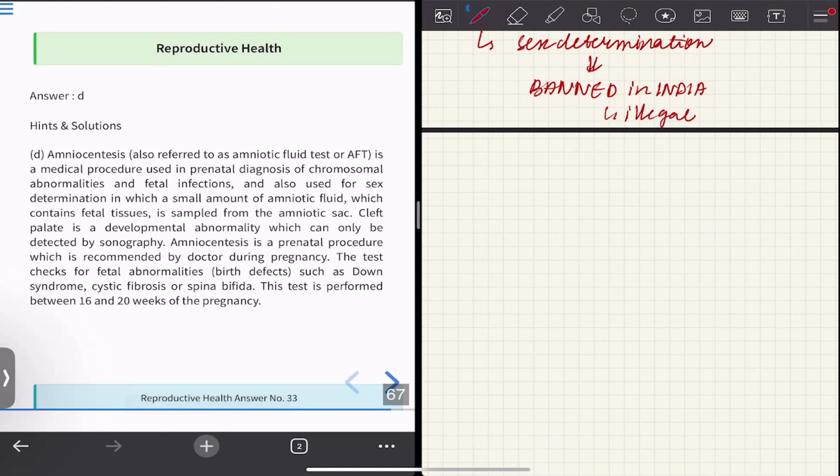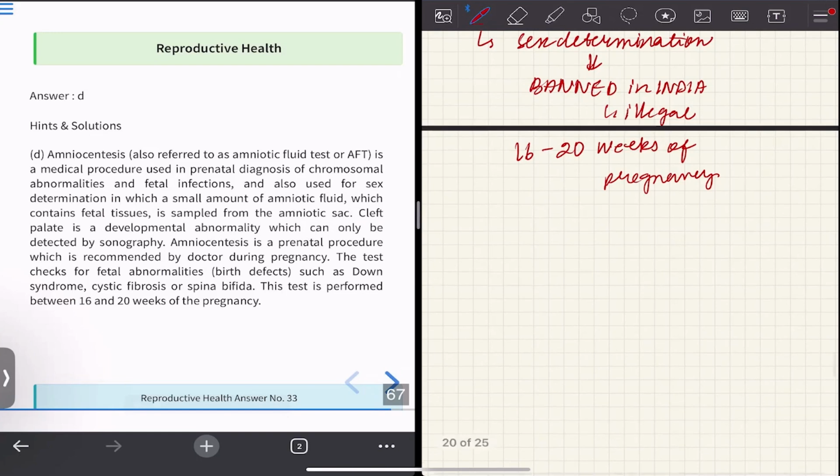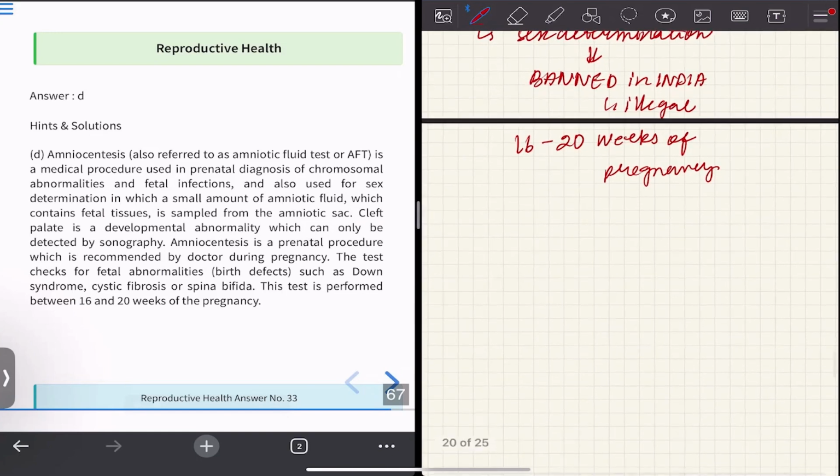It is done between 16 to 20 weeks of pregnancy. What all can be screened with the help of this test? We can screen abnormalities such as Down syndrome. We can diagnose cystic fibrosis or spina bifida.